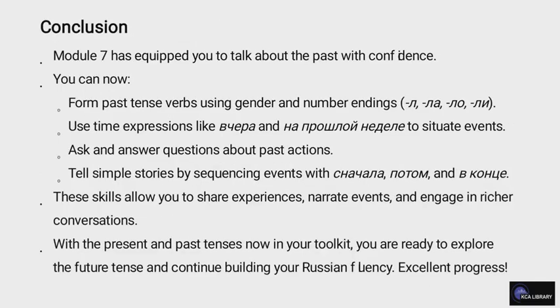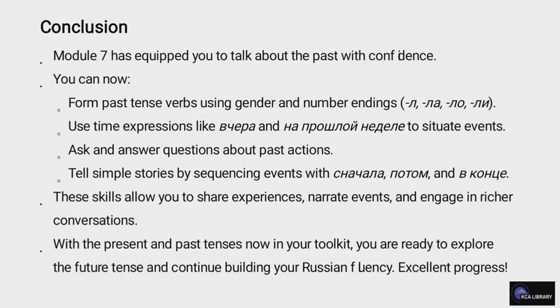Conclusion. Module 7 has equipped you to talk about the past with confidence. You can now form past tense verbs using gender and number endings: L, la, lo, li. Use time expressions like vchera and na proshloy nedele to situate events. Ask and answer questions about past actions.